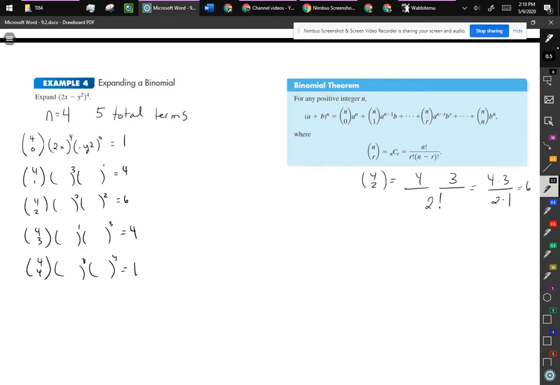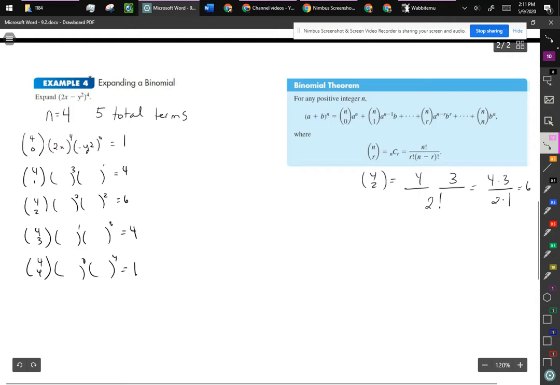The simplifying part is just the more tedious part at this point. If we were to actually simplify the first term, you're going to have 2x raised to the 4th. So 2 to the 4th, I believe 4, 8, 16, right?